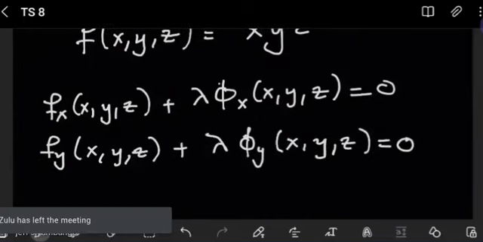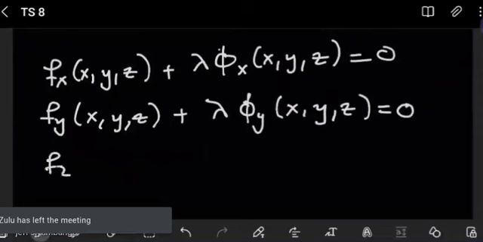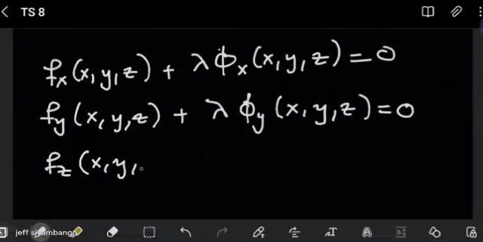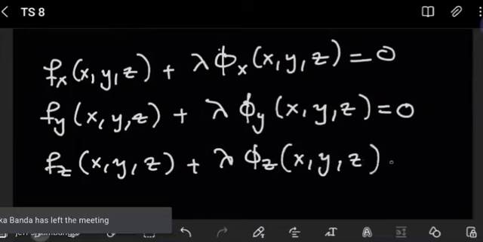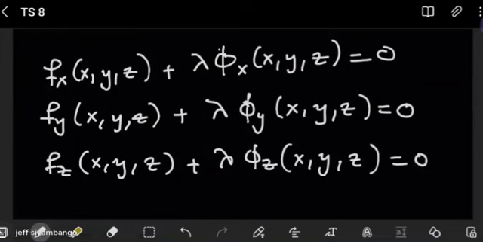In the same way, you have f sub z here, of x, y, z, plus the multiplier times the partial of phi with respect to z, of x, y, z, equal to 0. Then lastly, 3 equations. But look at the number of unknowns you're going to have here. x, y, z would be 3 unknowns.